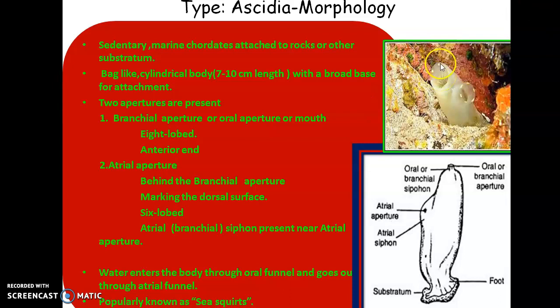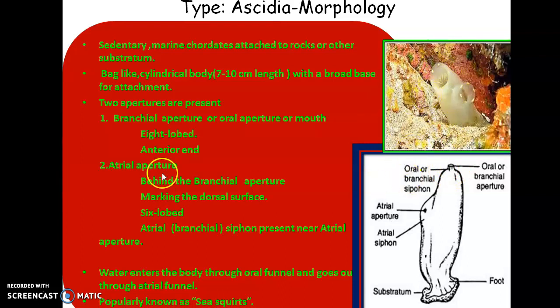It is 8-lobed. With keen observation, you can see the structure is filled with 8 lobes, and it represents the anterior end of Ascidia.